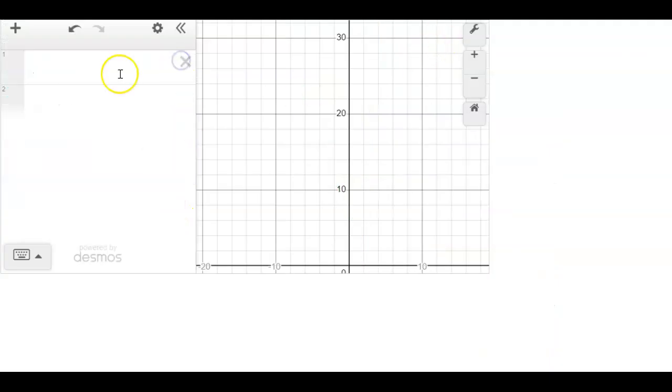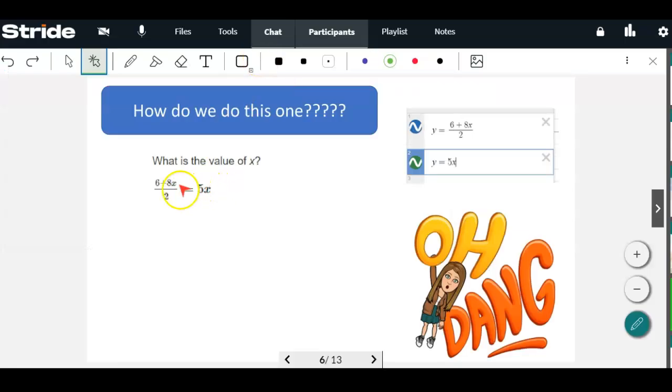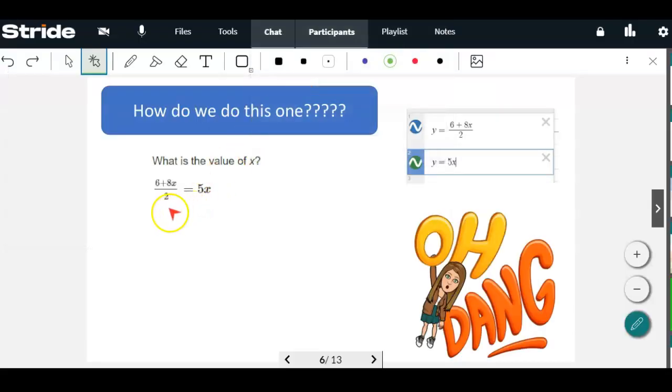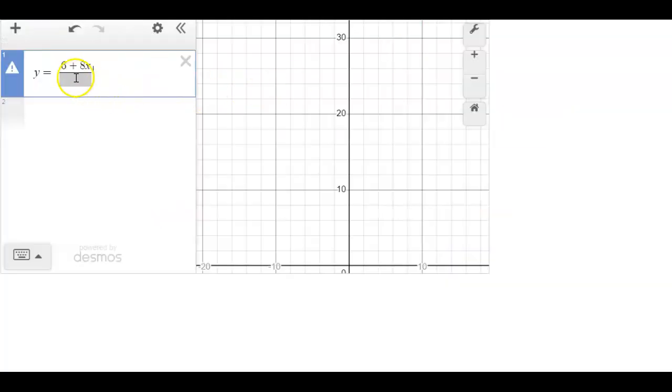So we're going to do y equals, and we're going to put a fraction bar, because on the top we need to put 6 plus 8x. Look how it moves. So put it back up there: 6 plus 8x on the top, and then 2 on the bottom. Put it back in that box there. There it is.